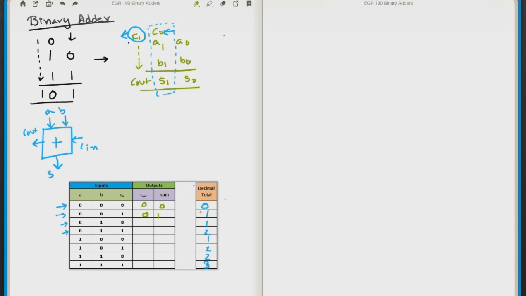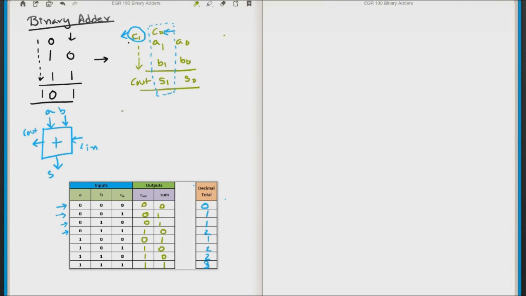My decimal 1 is 0, 1. Next one, decimal 1 is 0, 1. Decimal 2 is 1, 0. Decimal 2 has a binary equivalent of 1, 0. Decimal 3 has a binary equivalent of 1, 1.